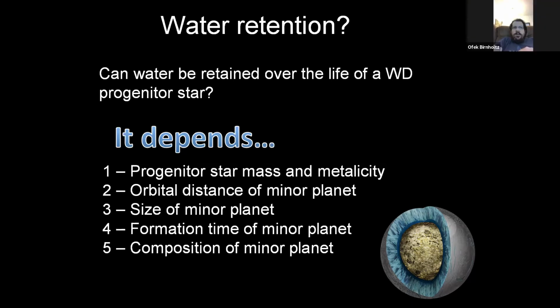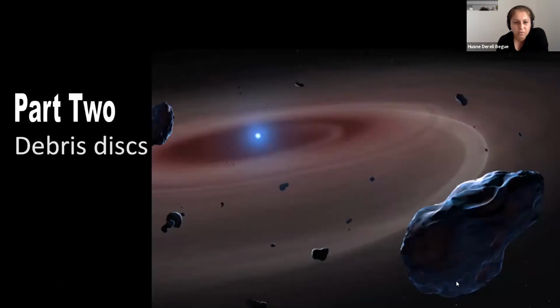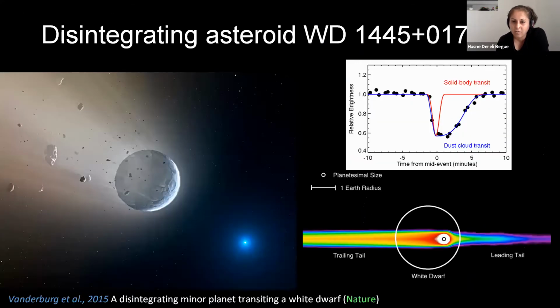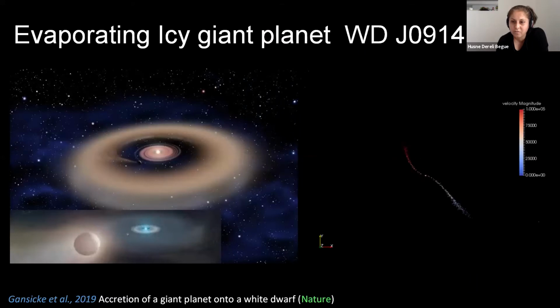Any other questions? Yeah, I have also one question about the last simulation, where they assume that it's a giant planet. I think it's from 2020-something. How does this giant planet survive?